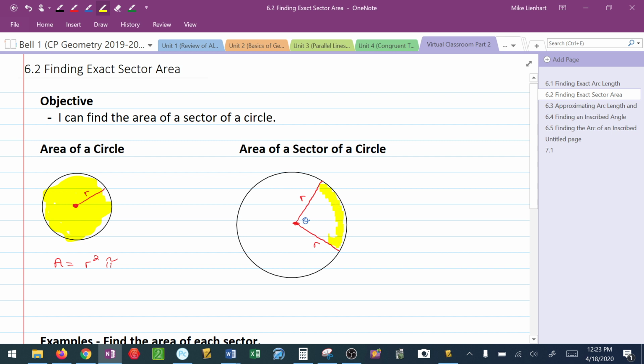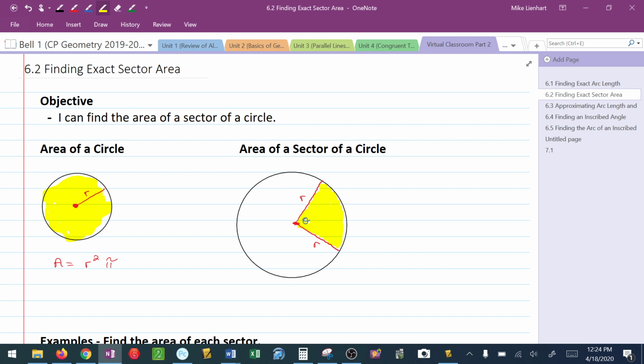So all this space inside here is what is known as the sector of a circle. Think of it kind of like a wedge or a piece of pizza. What's the area of the piece of pizza? It's the same thing as what is the area of the sector.